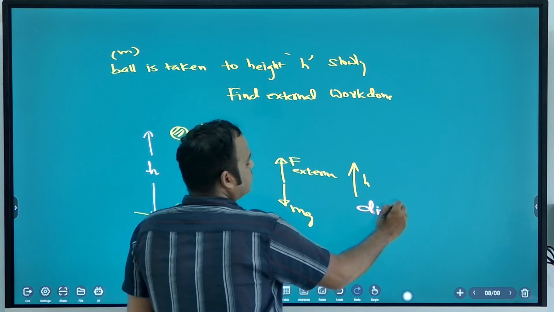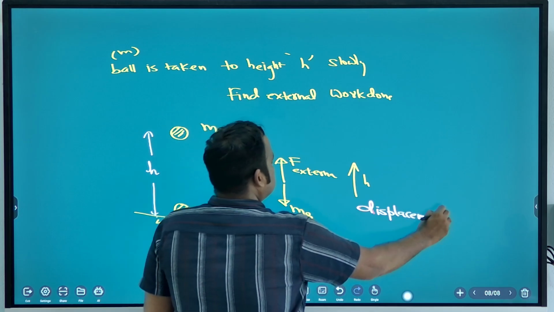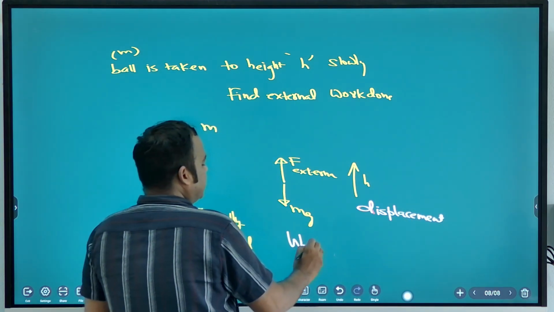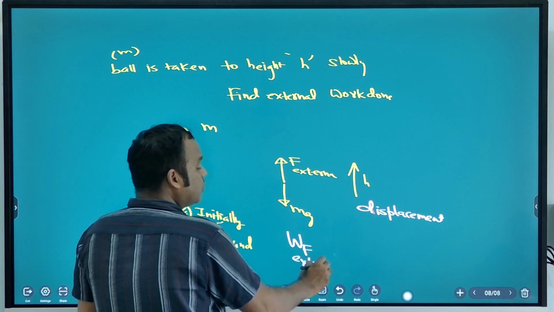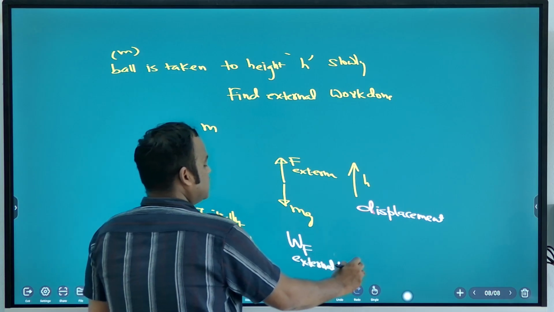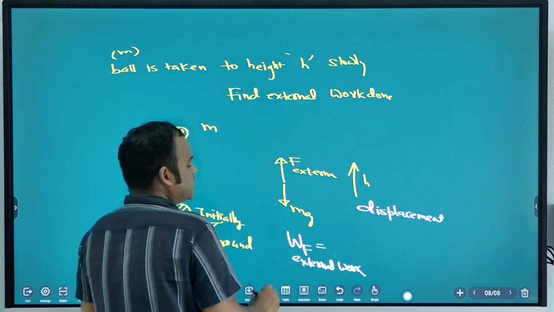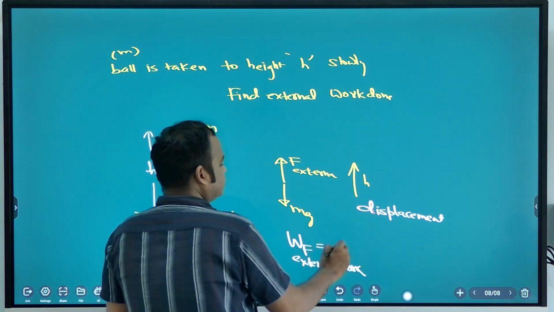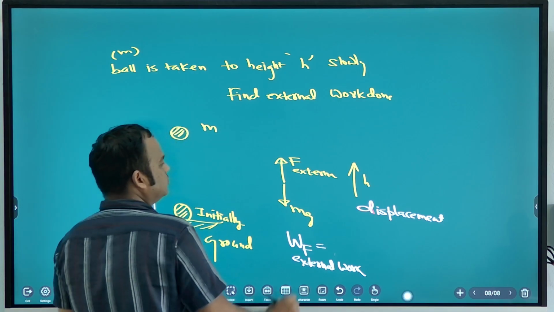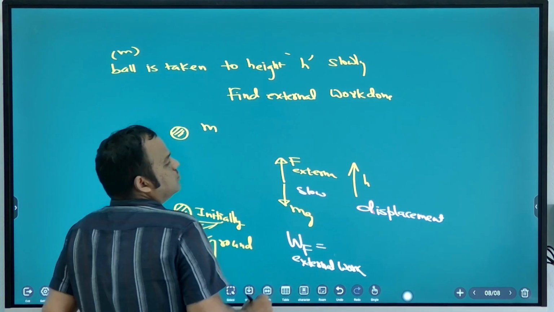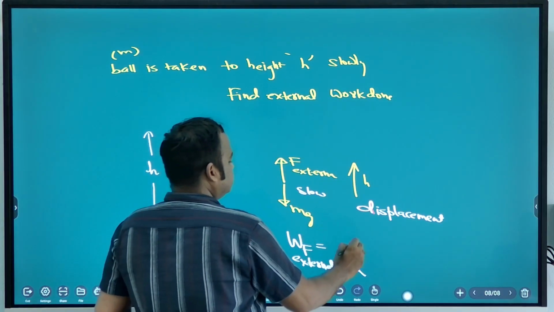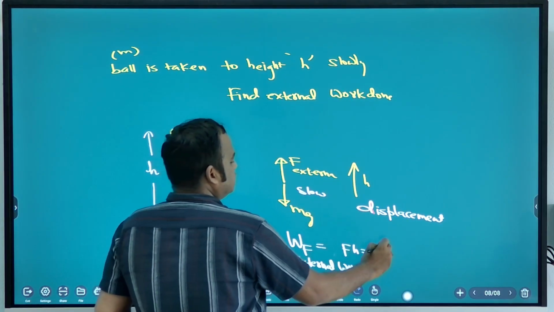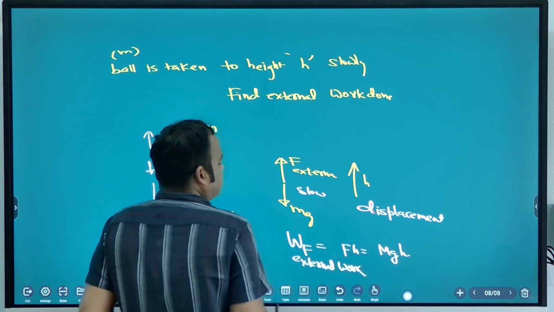F is doing positive work. So note down: work done by F means external work done. So how much is the external work done? Fh. And F and mg are the same, so mgh.